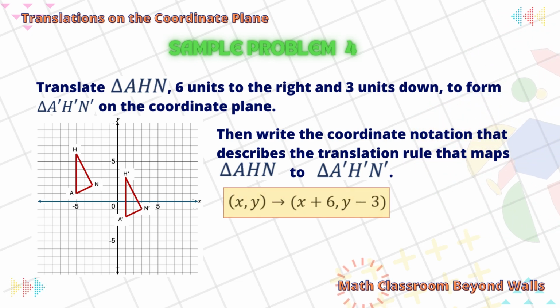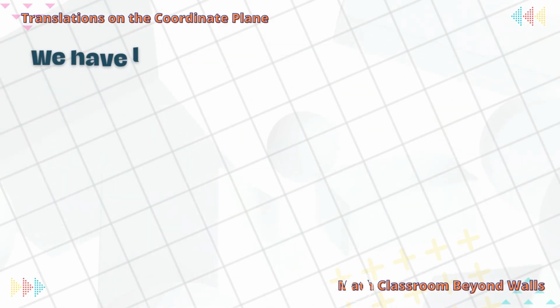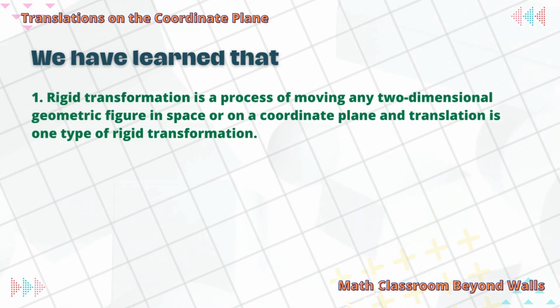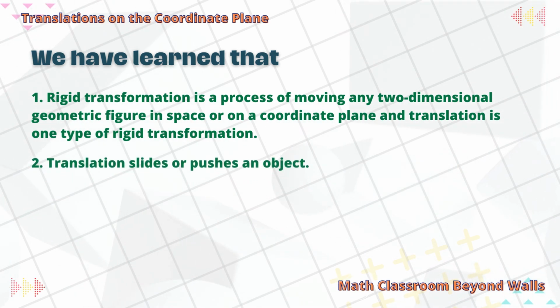Okay, let us summarize what we have learned in today's video. We have learned that, first, a rigid transformation is a process of moving any two-dimensional geometric figure in space or on a coordinate plane, and translation is one type of rigid transformation. Second, translation slides or pushes an object.